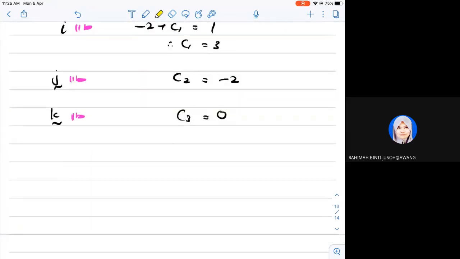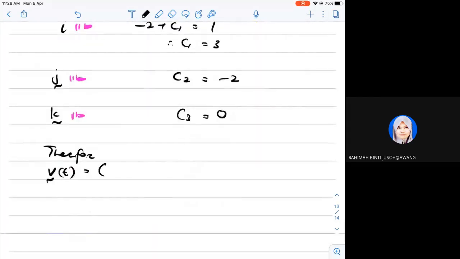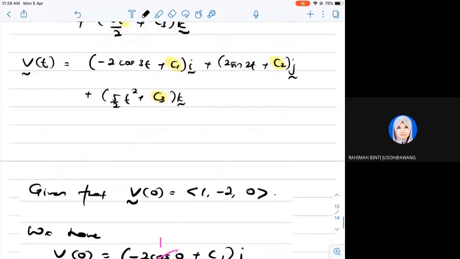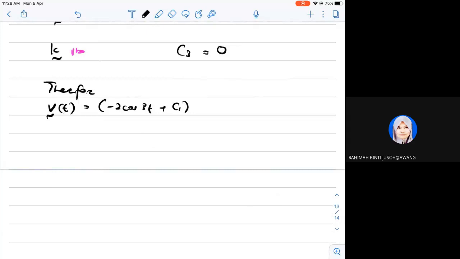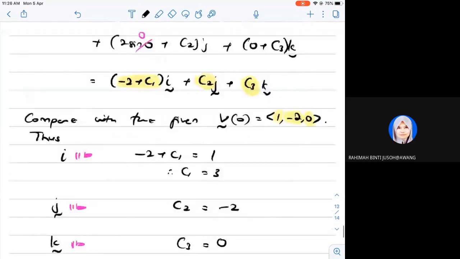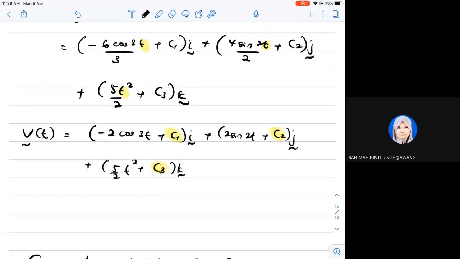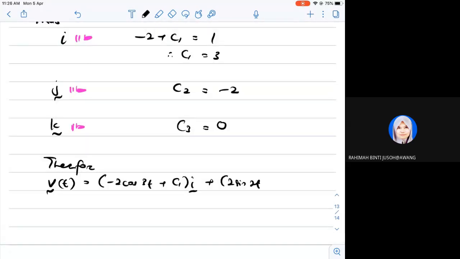So, therefore, the velocity should be -2 cos 3t plus C1 i plus 2 sin 2t plus C2 j, C1 pula.